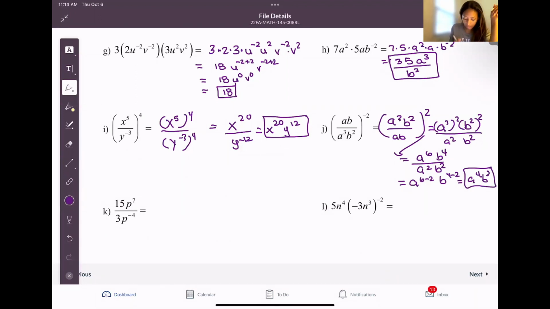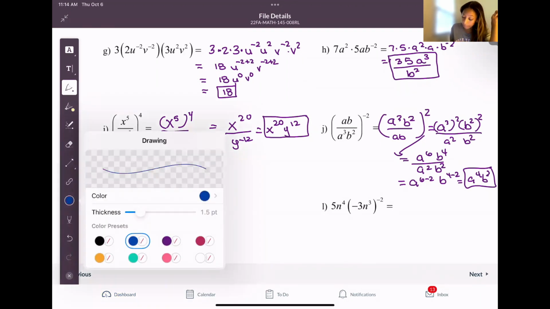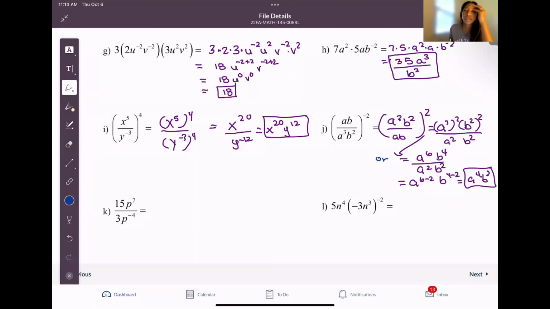The answer is correct, but a better way to do this problem would be to, before you apply the square to each term in the base, simplify your base first, if it's possible to simplify. So what do I mean by that? I could have started off this problem by simplifying a cubed b squared over a b.